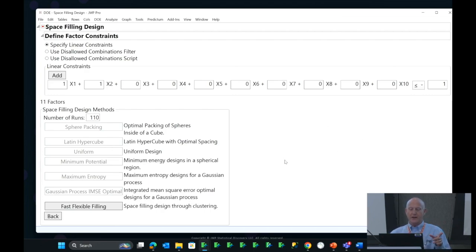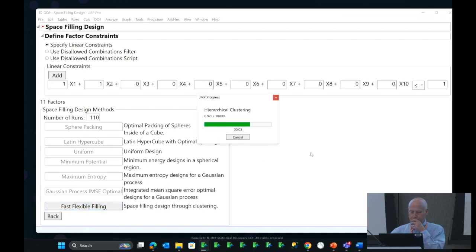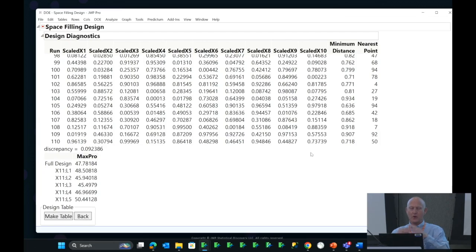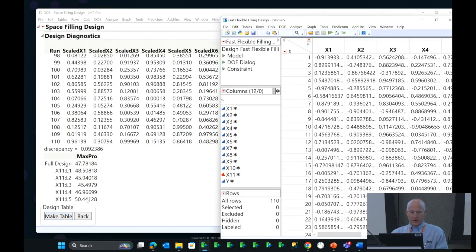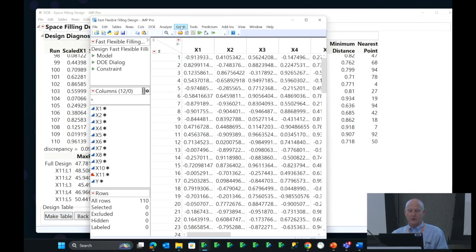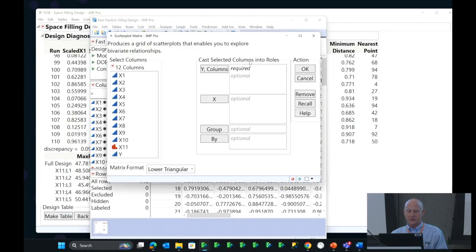So this design is going to be space filling, but it's going to have constraints on x1 and x2, and we're going to have categorical factors in it. So we'll just hit fast flexible filling. And what it's done is throw out 10,000 points into that 11-dimensional space and cluster them to be roughly equidistant from each other. And so here's the table, but if we wanted to look at this design, we could look at, say, the scatter plot matrix.